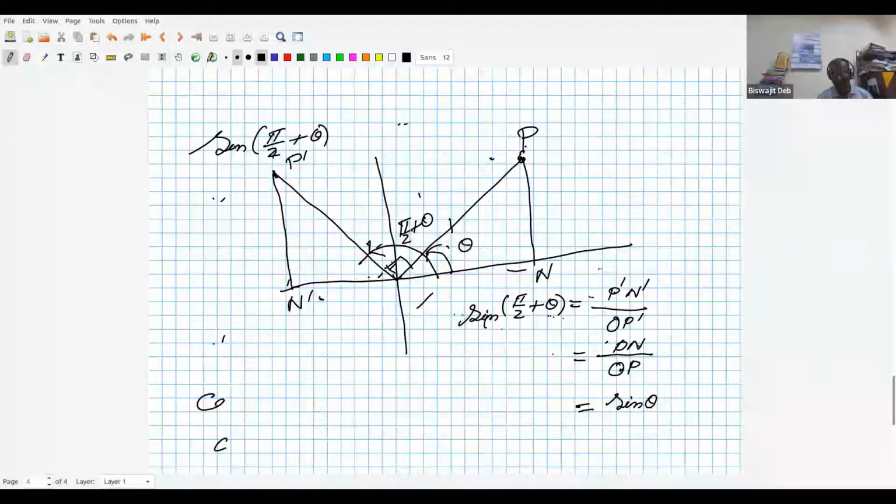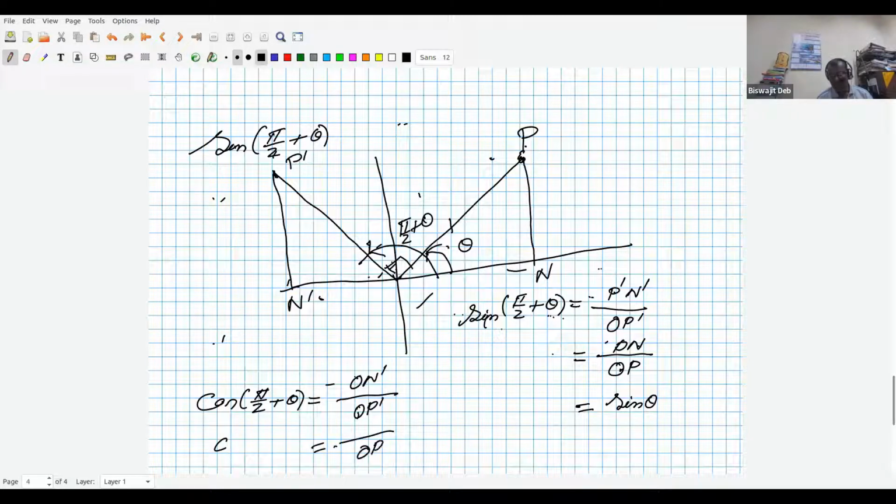But when I take cos of pi by 2 plus theta, it is going to be different. So what is cos of pi by 2 plus theta? Now the base is ON dash, the hypotenuse is OP dash. OP dash is the same as OP, but ON dash and ON are equal in magnitude but opposite in sign.